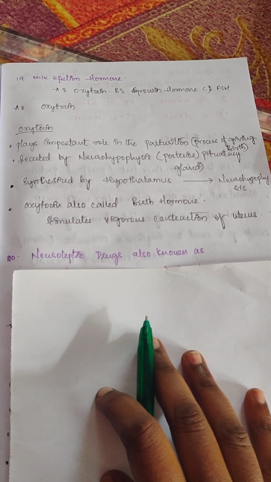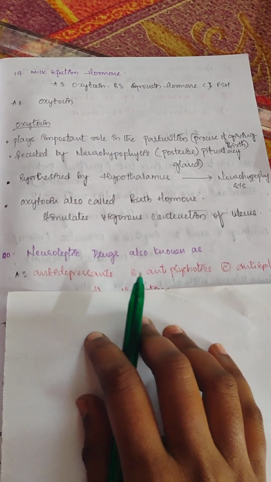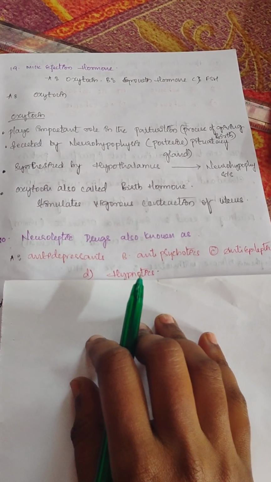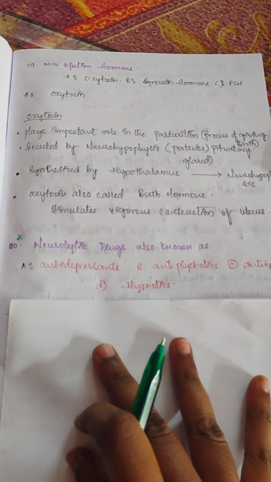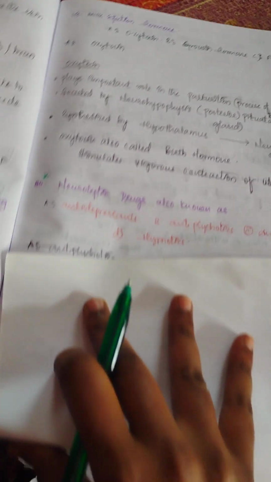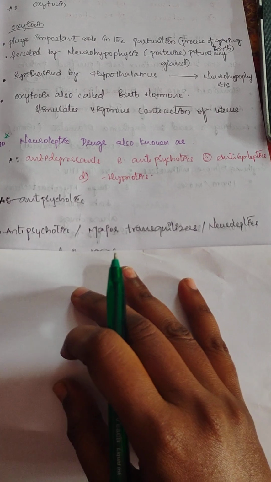Next, neuroleptic drugs are also called antidepressants, antipsychotics, antiepileptics, or hypnotics. Okay, and the answer is antipsychotics. Not only that, neuroleptic drugs are also called major tranquilizers.